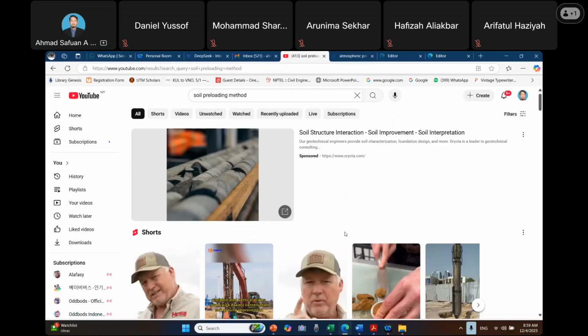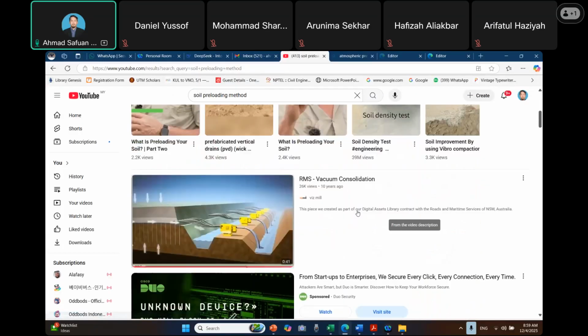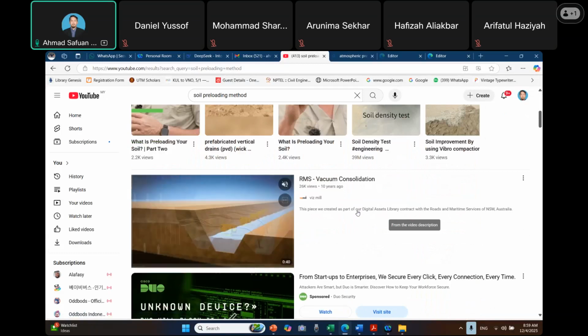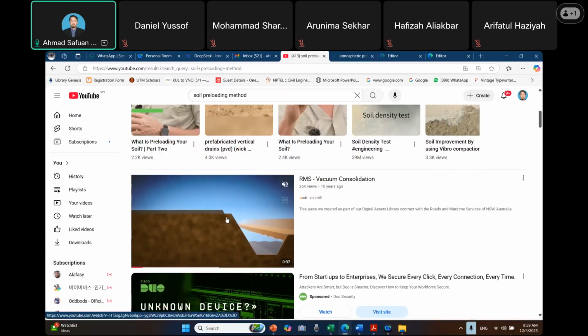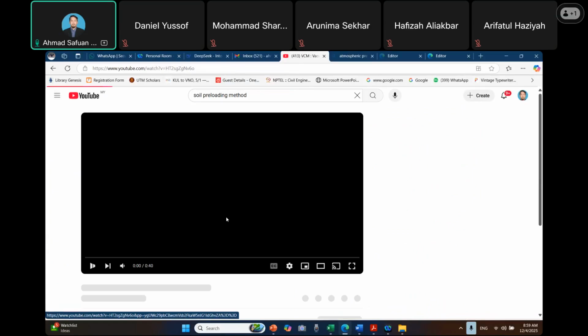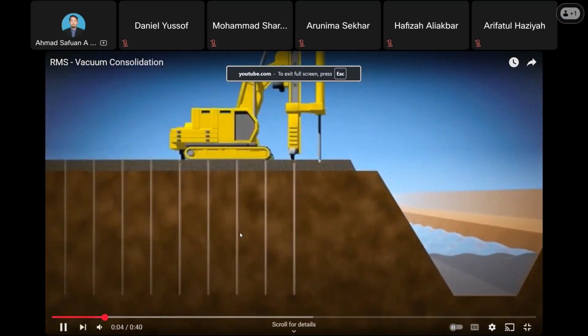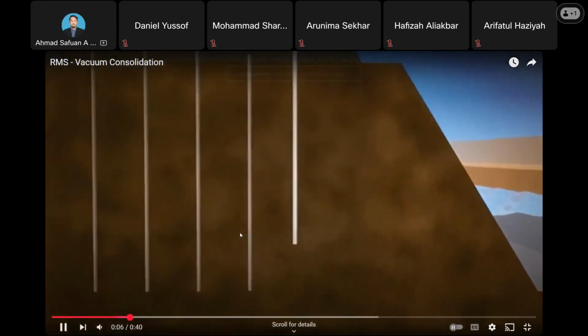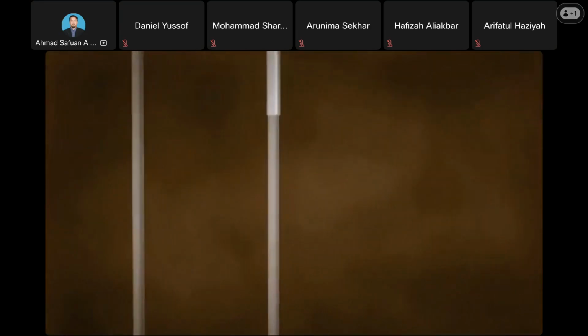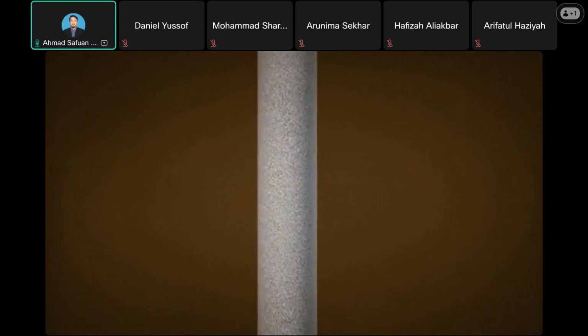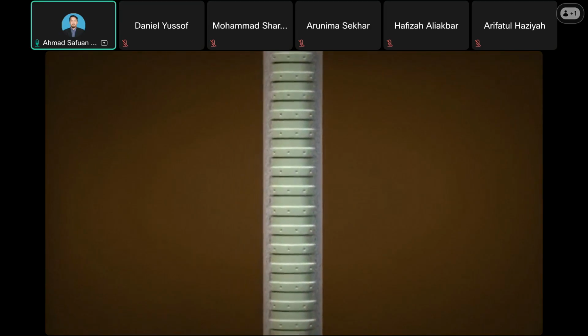Now we look at a different one. This is vacuum consolidation. They install the prefabricated vertical drains first.